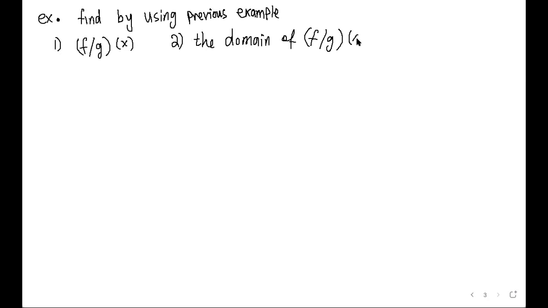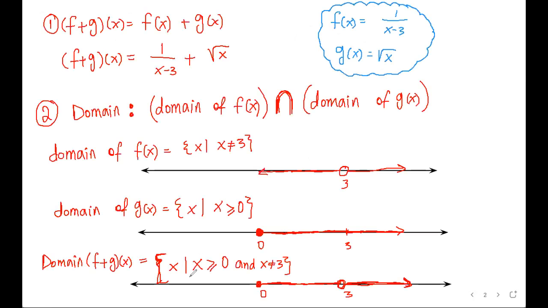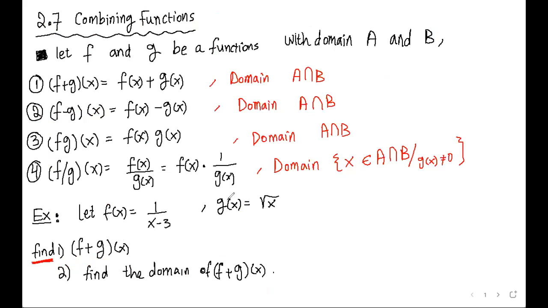But let me give you a hint for the second one. The hint for the domain is exactly the domain for the summation, but we have to remove the 0 for the second function. We have to remove the 0 for g of x. What is the 0 for g of x? Is 0.